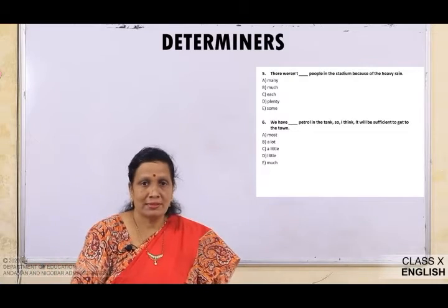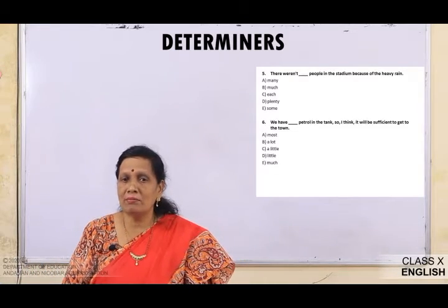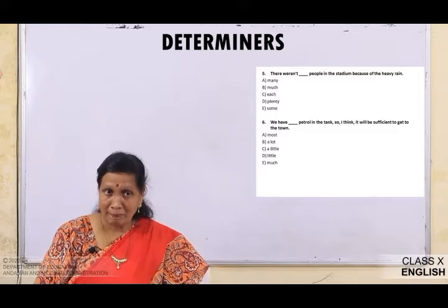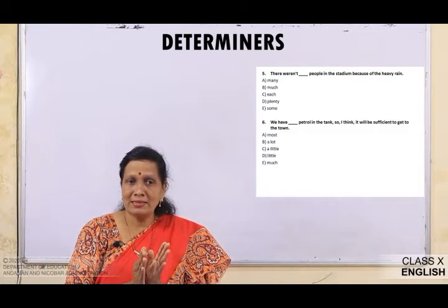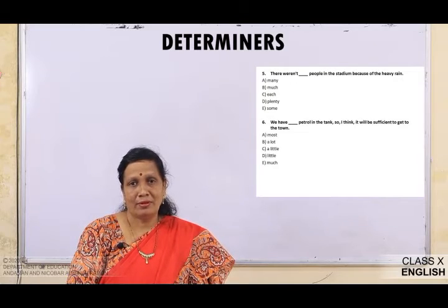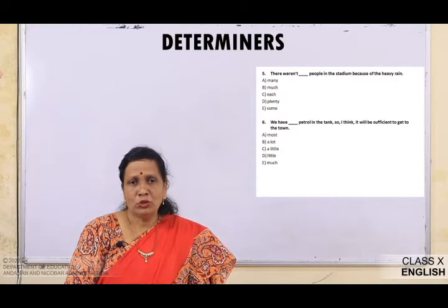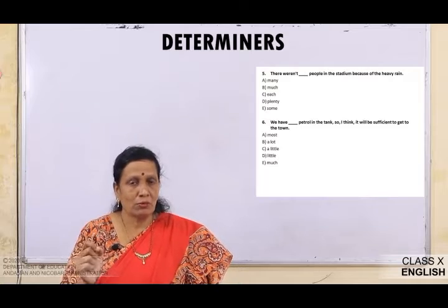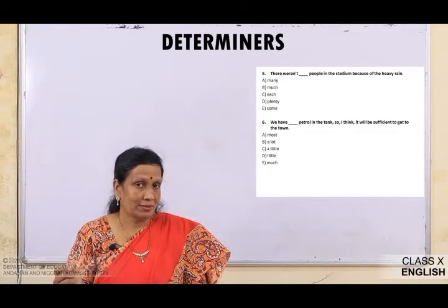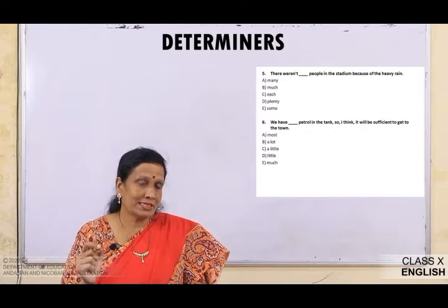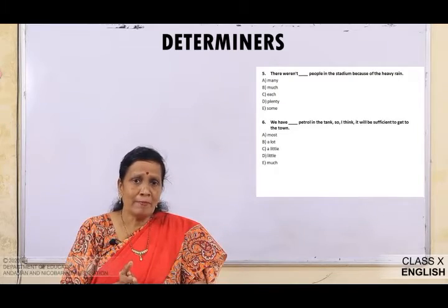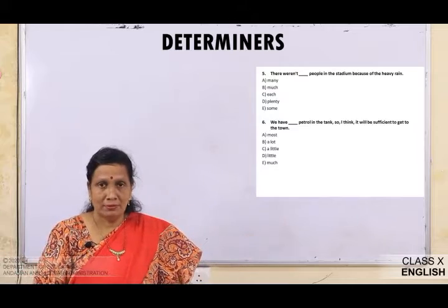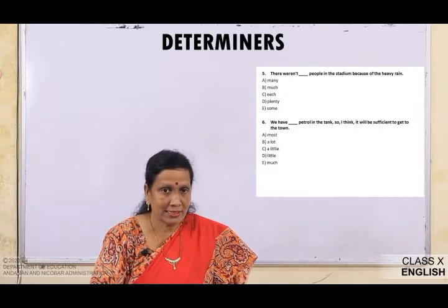There weren't people in the stadium because of the heavy rain. The options are many, much, each, plenty, some. Here weren't means were not. It is a negative sentence. When we say there were many people, that is a positive sentence.